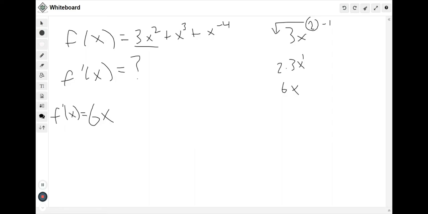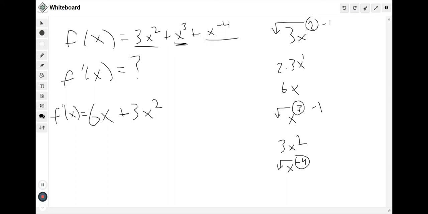Now we locate our second term, which is x cubed. The power rule says take the exponent on x cubed, move it to the front, and subtract 1. So this time we have 3x squared, and we add our 3x squared. Then we look at our last term, which is x to the negative 4. The power rule says we locate our exponent, move it to the front, and subtract 1.